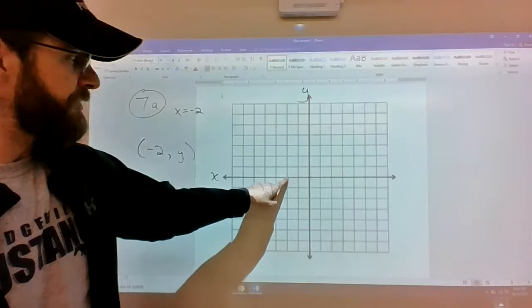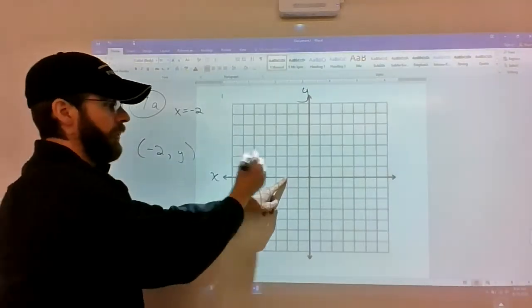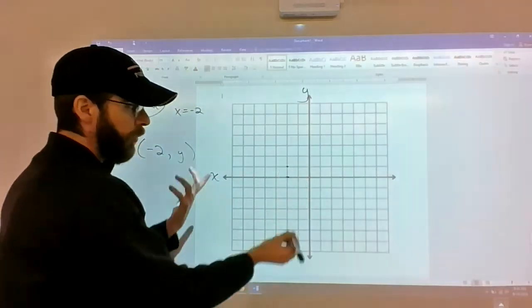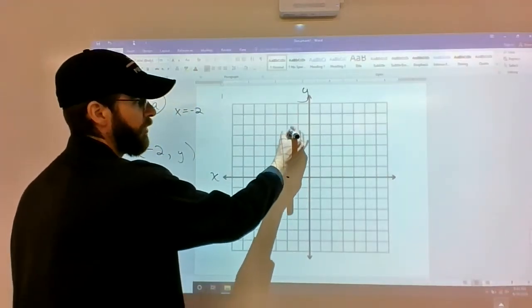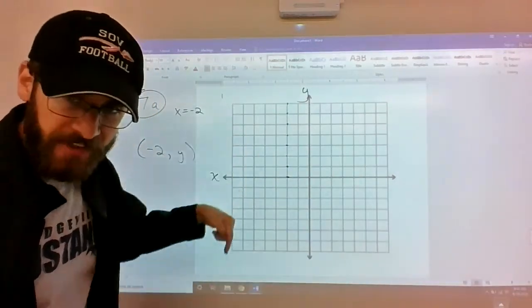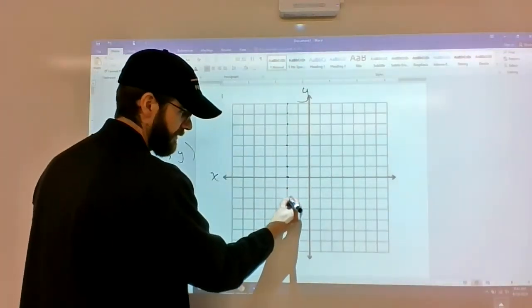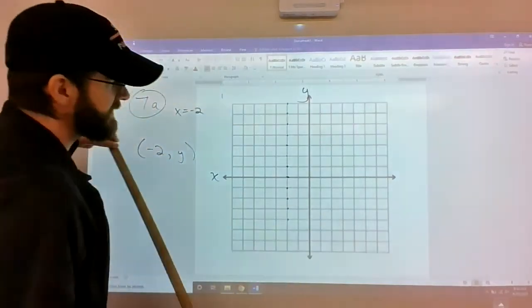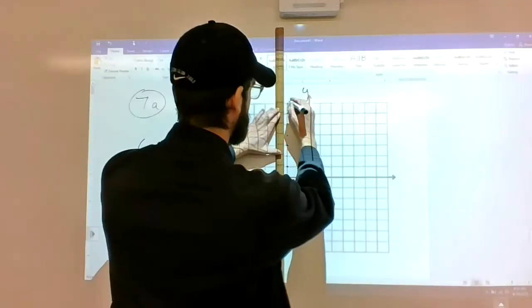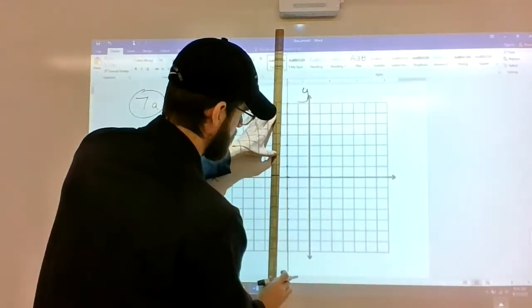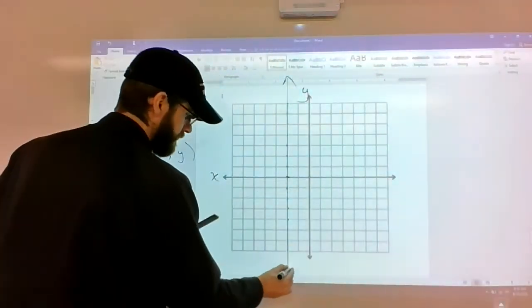So, left 2, y could be 0. Or y could be 1. Or y could be 2, or 3, or 4, or 5, or 6, or 7, or 100 million. Same thing in the negative direction. So when you see this, it's like, oh, I've got a line like this.